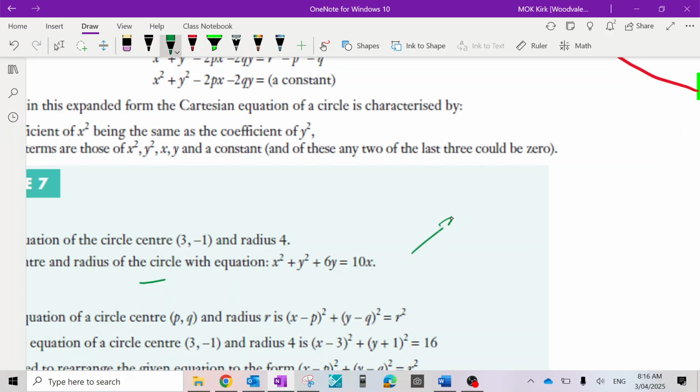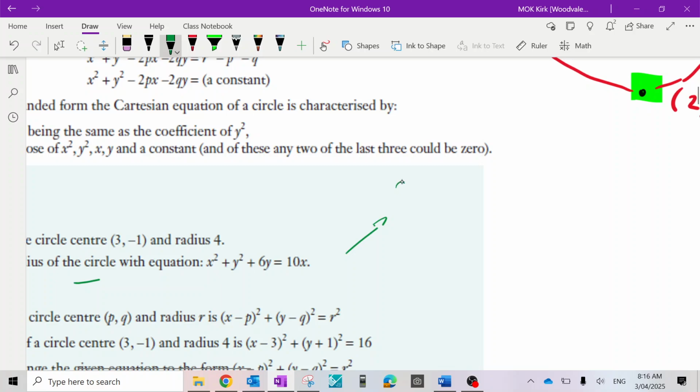So this gets rearranged to x squared take 10x, and then plus y squared plus 6y is equal to 0.